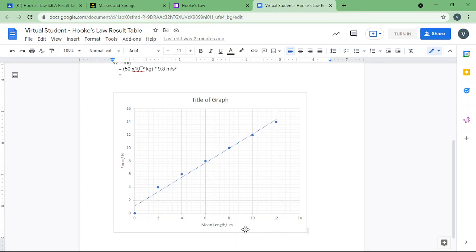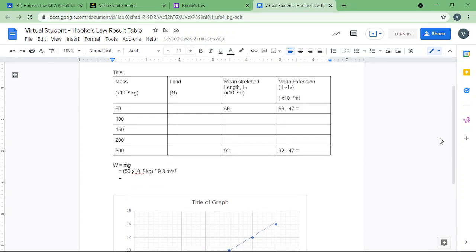Remember, these scales are not supposed to be used. These are just for my example. You must make your own scale, and that would come from the information that you have gotten right here.